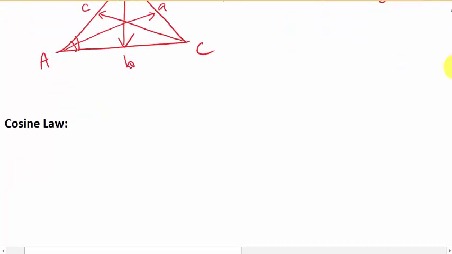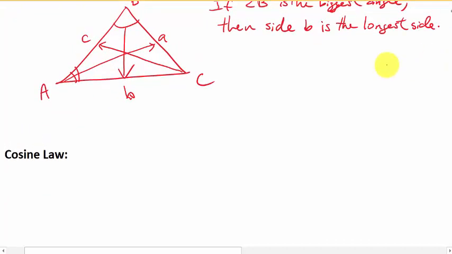Now, let me write the cosine law with these letters, A, B, C. It looks complicated, but really it's not. Let me write c squared is equal to, now the Pythagorean theorem says c squared equals to what? A squared plus b squared. But that only applies to right triangles.